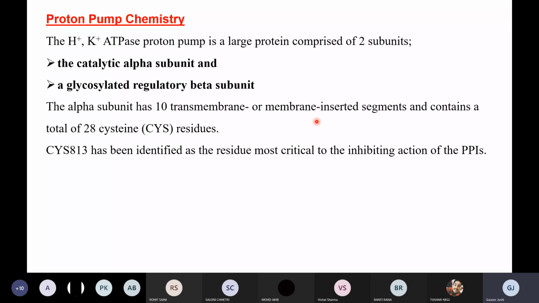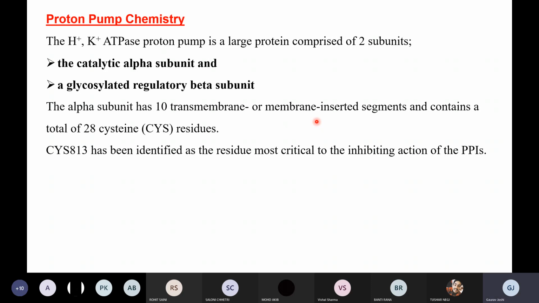Now when we are talking about the proton pump, everybody knows that in the body the exchange of ions is part of active transport. And what is that active transport? It means it requires ATP, because ATP is the power currency.